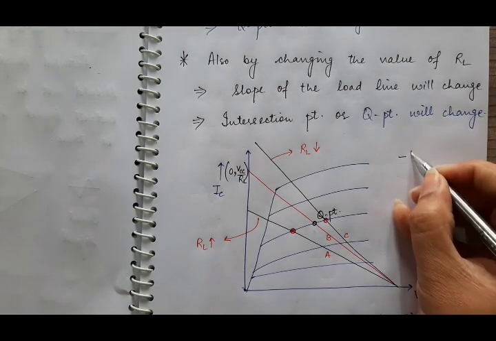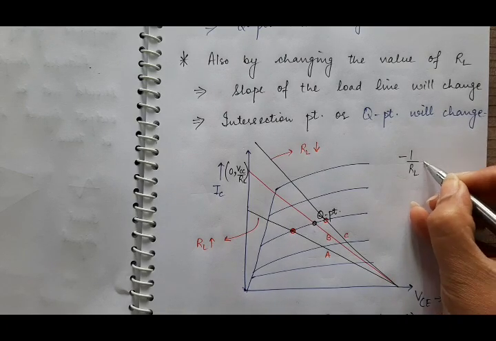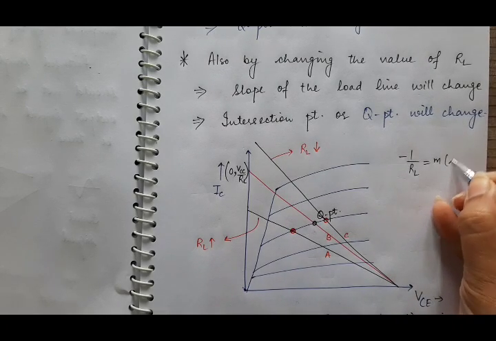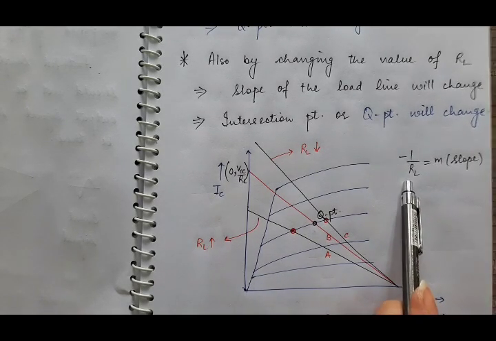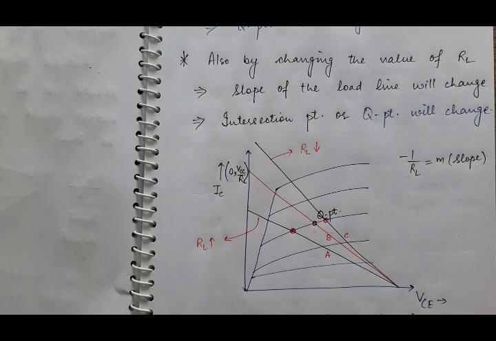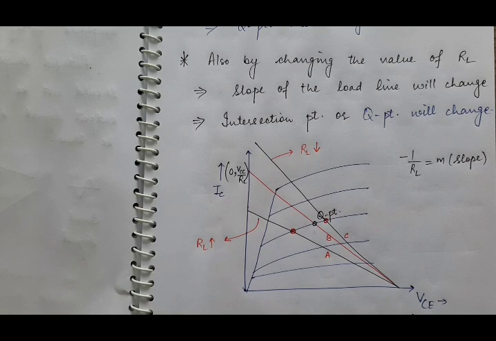This minus 1 by RL, we have already studied that this minus 1 by RL, it will give us the slope of this DC load line. So if you change the load resistance RL, what will happen? Slope of the DC load line will change. And if slope of the DC load line will change, this DC load line, it will shift either upward or downward. So thereby changing the Q point.